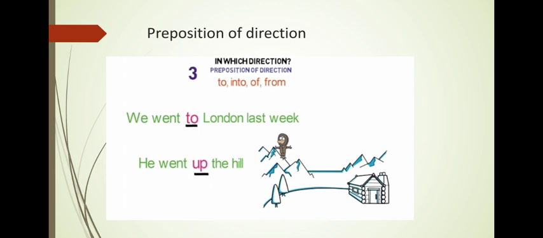Which direction did he go? He went up the hill. It helps us to know the connection between he went and the hill, that is, it is showing us the direction. We come to know that he went up. So this is how a preposition links nouns and other words in a sentence.